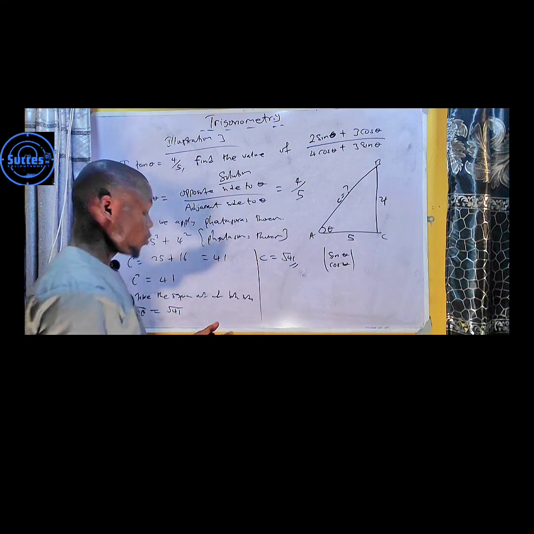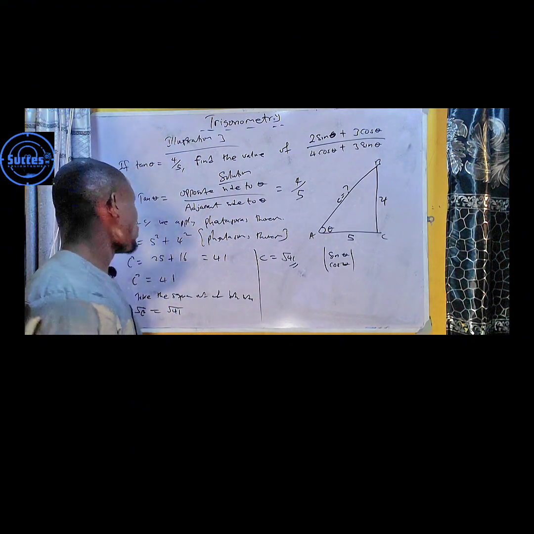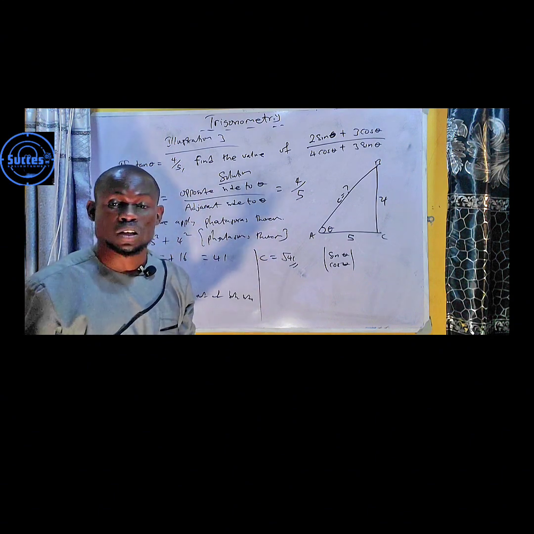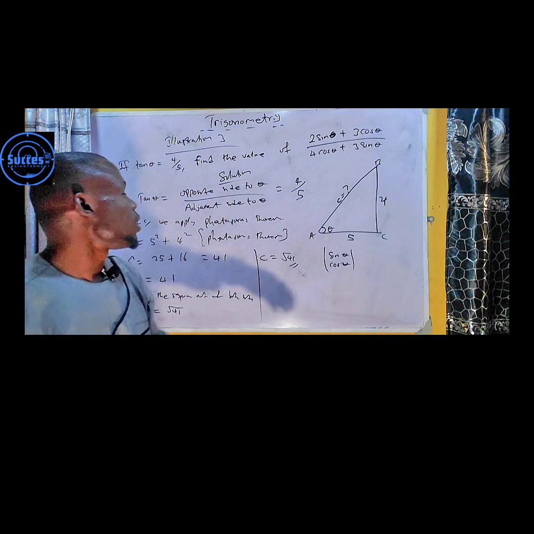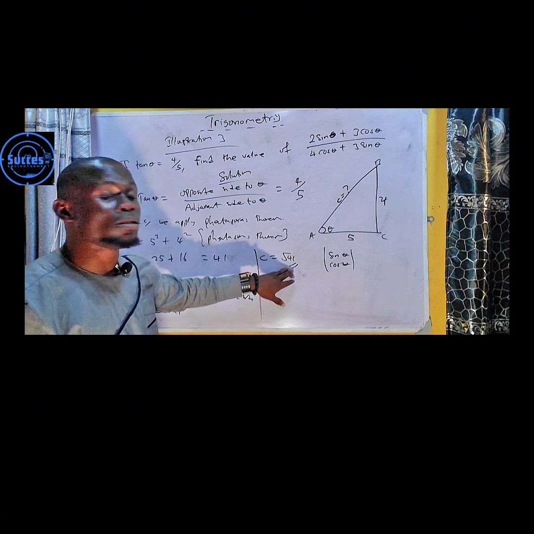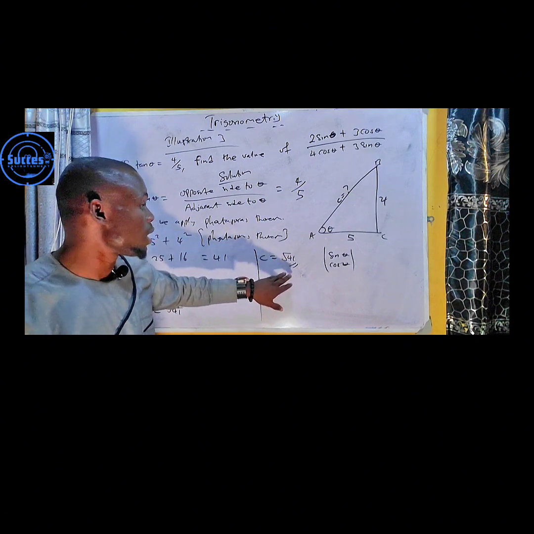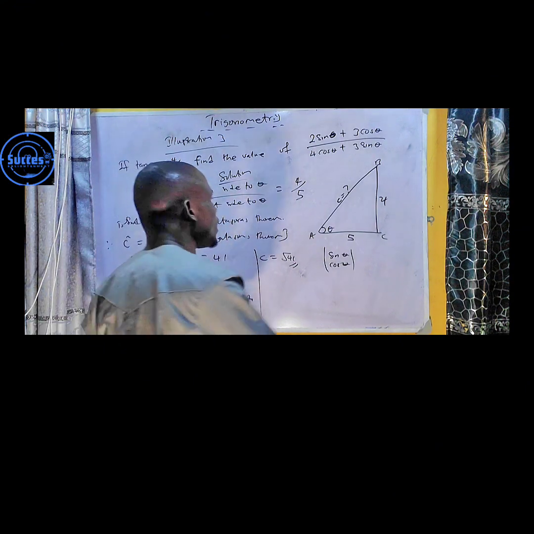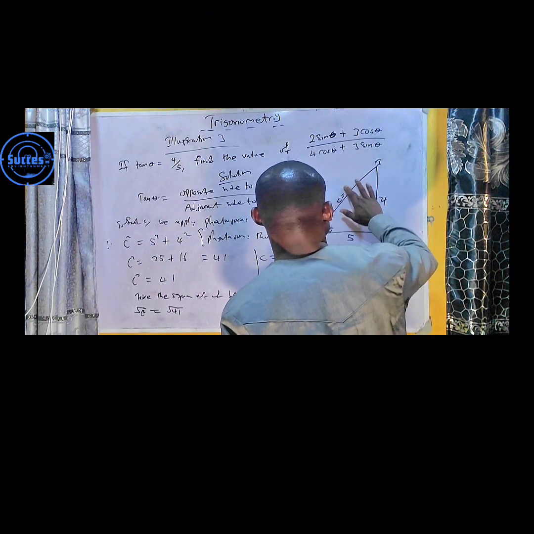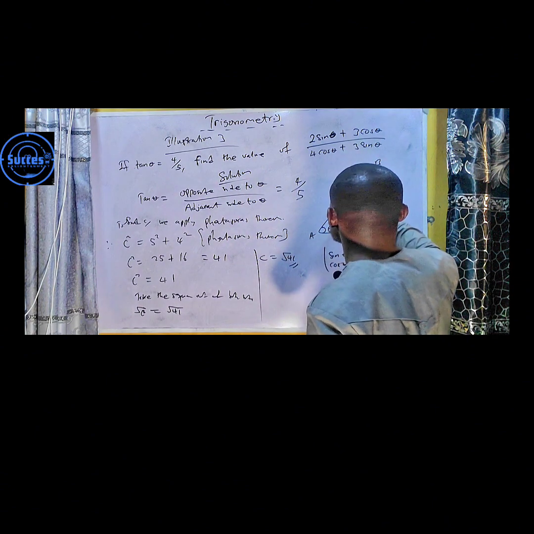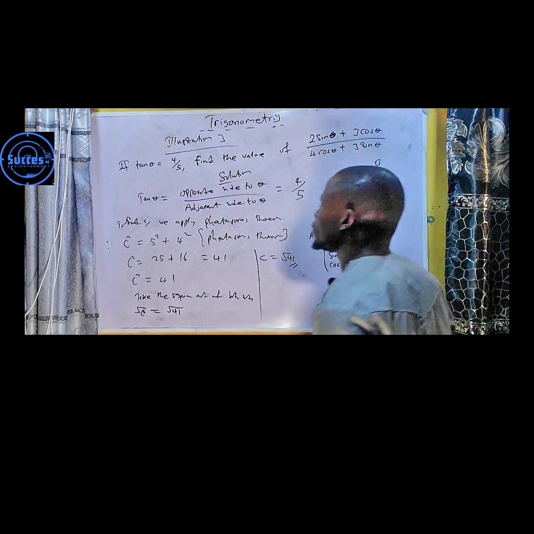Can you solve this in short form? No, this cannot be solved in short form. The only way is to press your calculator and put in a decimal point, but I would love to leave it like this. C is equal to square root of 41. That is my final answer. Are we together?